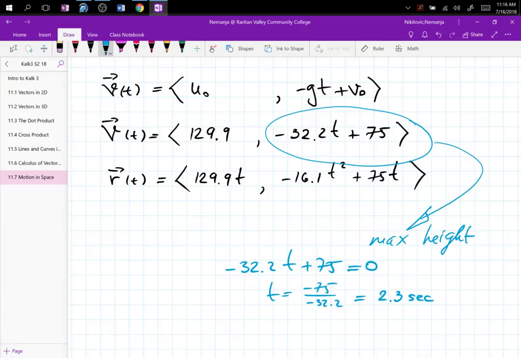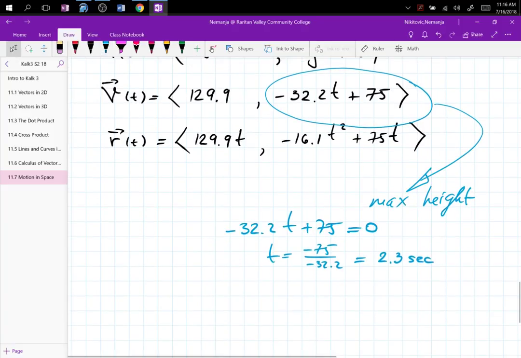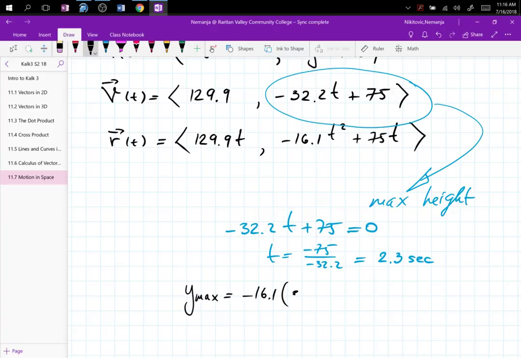is when the maximum height occurs, and then you will feed that into the bottom equation to find the max height. So y max is going to be negative 16.1 times 2.3 squared plus 75 times 2.3, and this calculation will give us what we need.